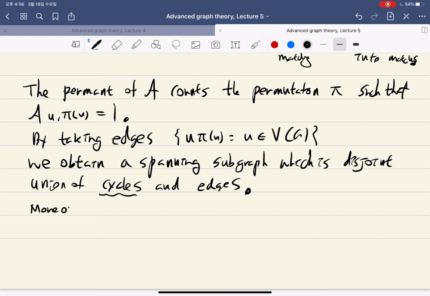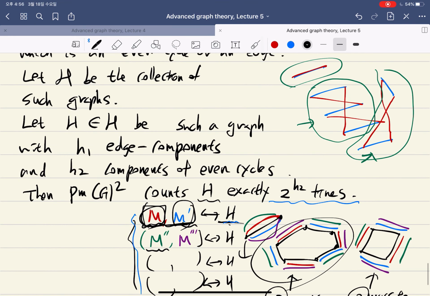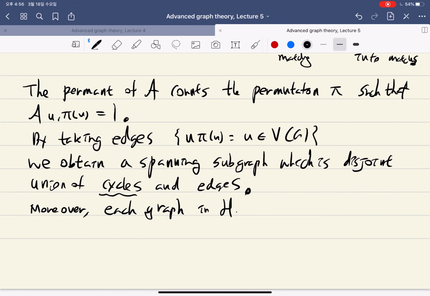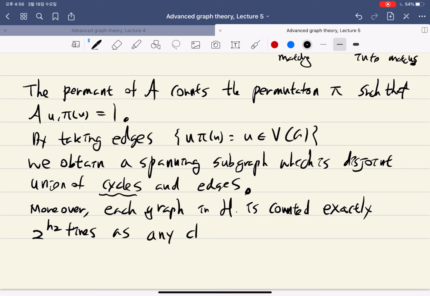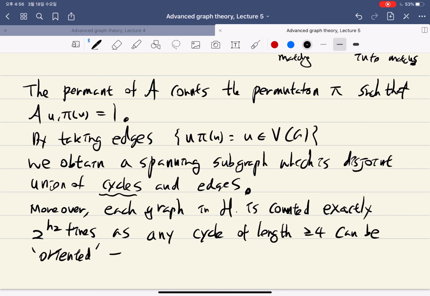Moreover, each graph in this H, the disjoint union of edges and even cycles, is counted exactly 2 to the power h2 times, as any cycle of length at least 4 can be oriented in two ways.